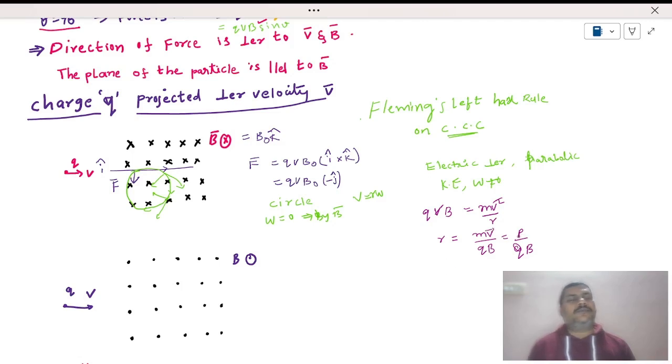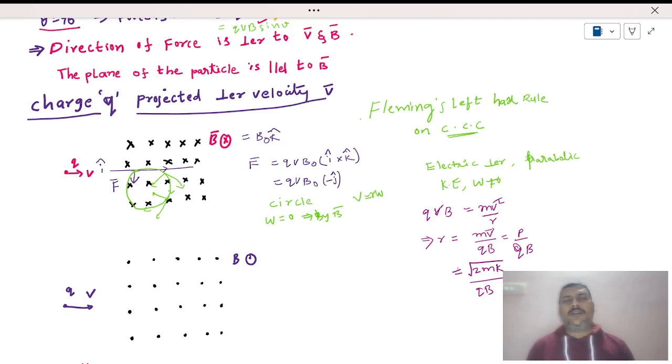If the electron has initial kinetic energy K, then p is equal to root of 2mK, so R is root of 2mK by qB. So the radius of the path of the particle entering the magnetic field perpendicularly depends on mass, initial velocity and charge, or the q by m ratio, in the considered field B.